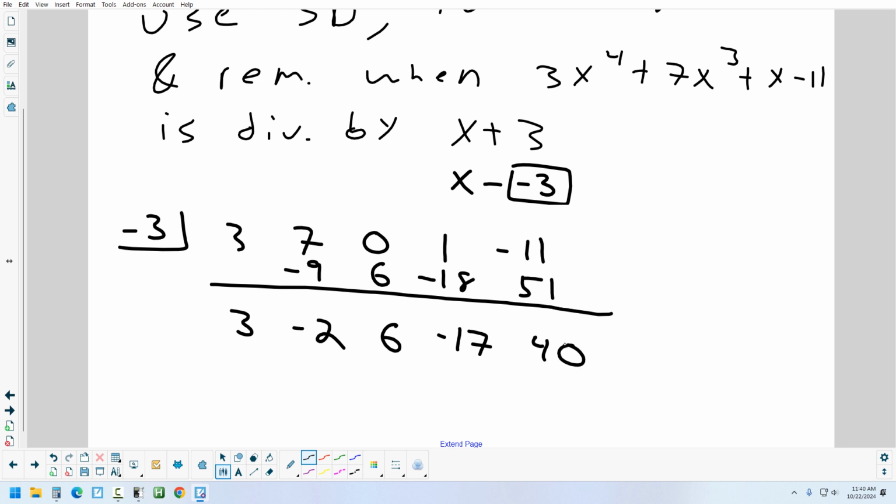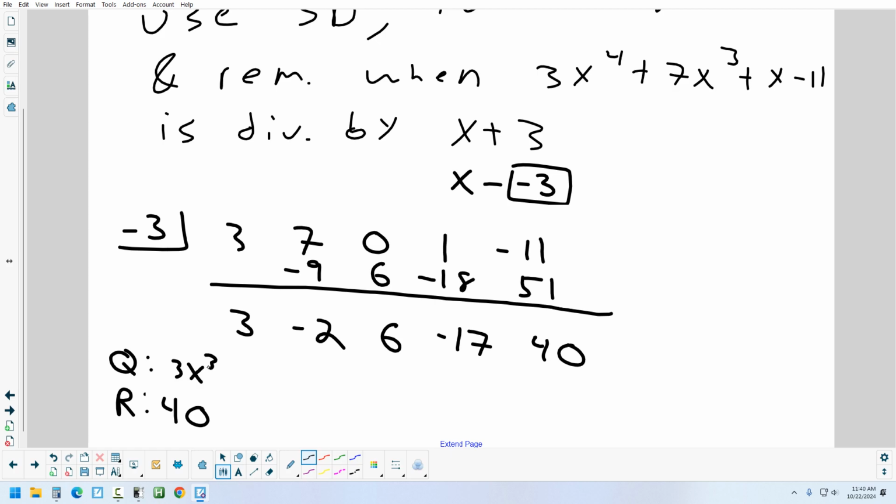Okay, so let's write the quotient and the remainder. Well, let's start with the remainder. The remainder is 40. What is my quotient? 3x to the fourth. We already did the cubed column, so that's to the third column.